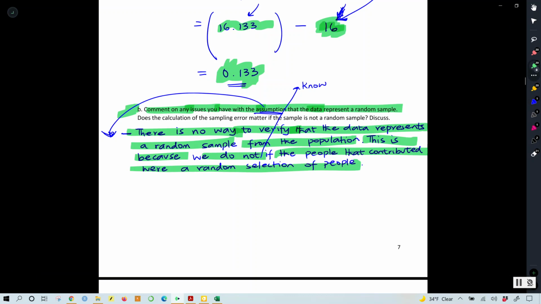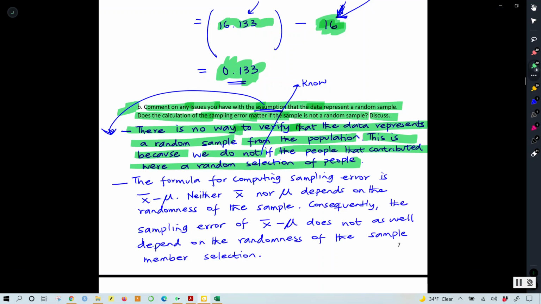We continue the question. Does the calculation of the sampling error matter if the sample is a random sample or not? Discuss. Let's write that down too. To answer the second part, we note that the formula for computing sampling error is the sample mean minus the population mean.